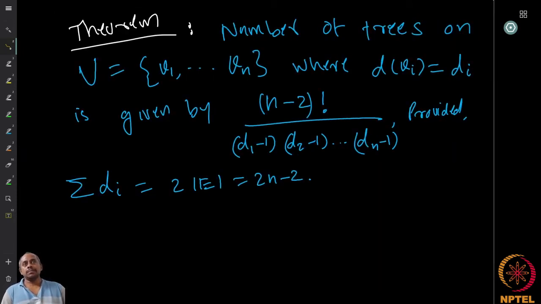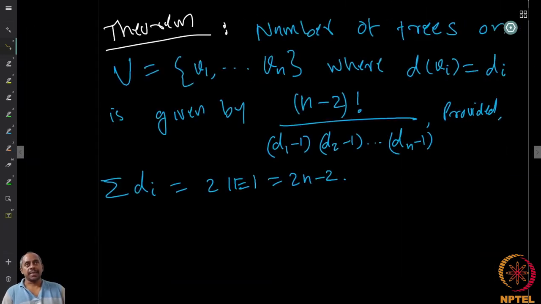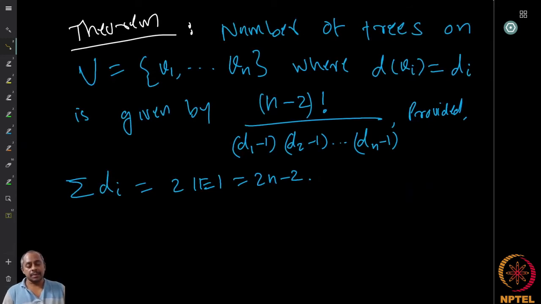Now, here is one of the questions. So what was this question? The number of trees with degree of vi equal to di. So here is a theorem which gives our count.